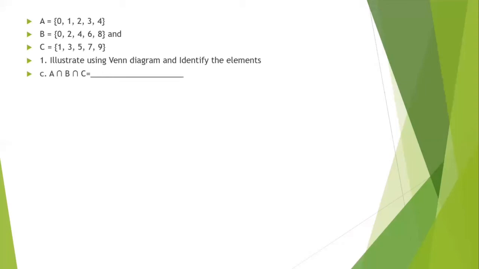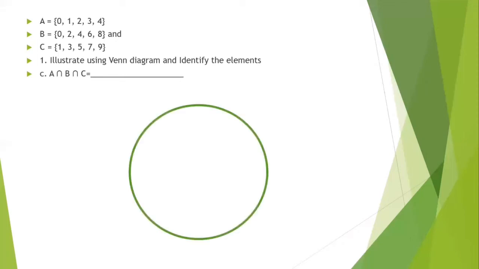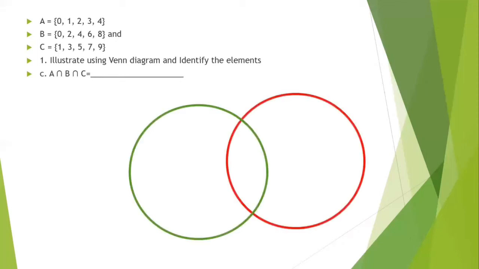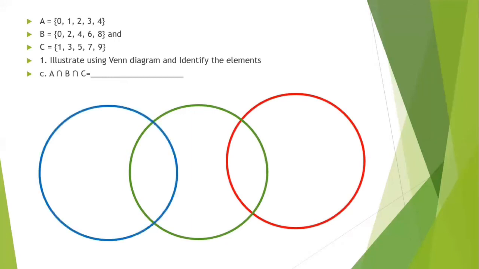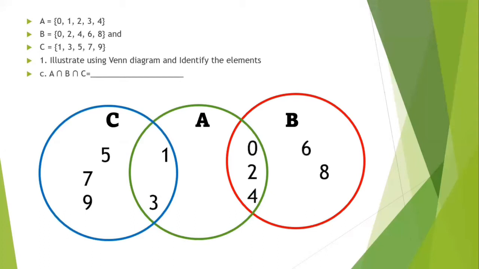Kanina? Ano yung napansin nyo kanina? We have set A, set B. Yung set A at saka set B ay magkadikit. Ang set C at saka set A ay magkadikit. We have the elements. Like that. Okay. Now, ang tanong dito, set A at saka set B, ang kanyang intersection ay 0 to 4.